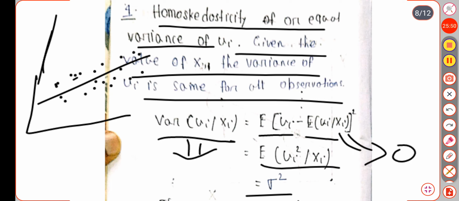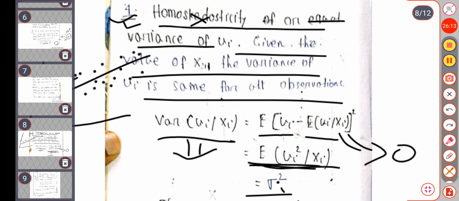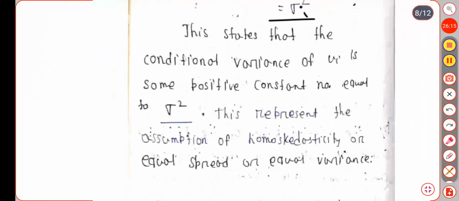If error terms have unequal variance, then that is a violation of the assumption, and that violation is called heteroscedasticity. In that case, everything will be the same, we will just write sigma i square here. The remaining things will be the same, and this will turn out to be heteroscedasticity or unequal variance in that case. So this is the fourth assumption.